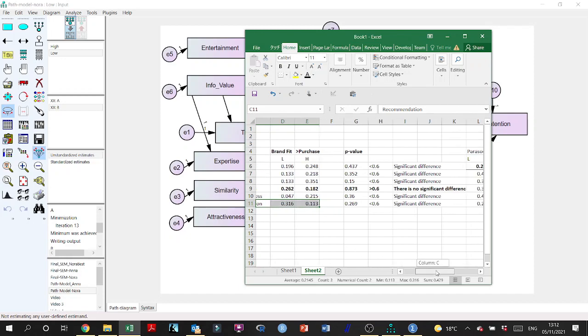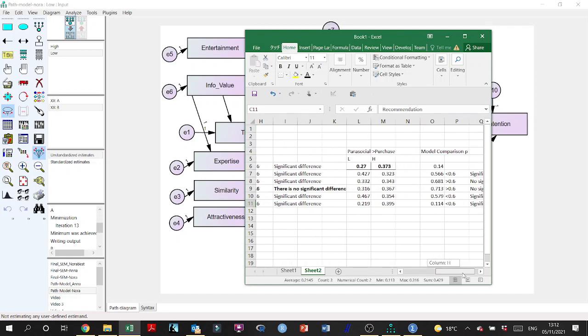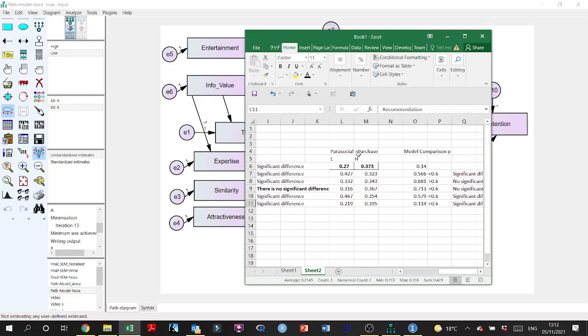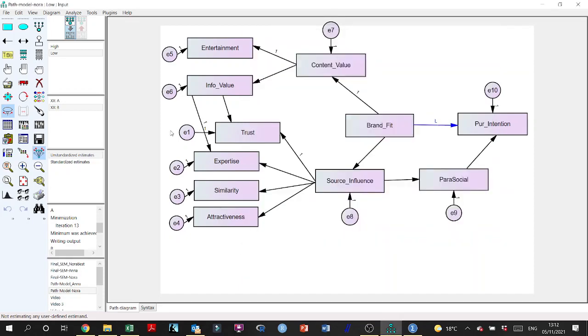I also generated the results for the other relationship, which is the parasocial relationship over purchase. So basically I deleted this over here, or if you don't want to delete it, you can just take this and move it.